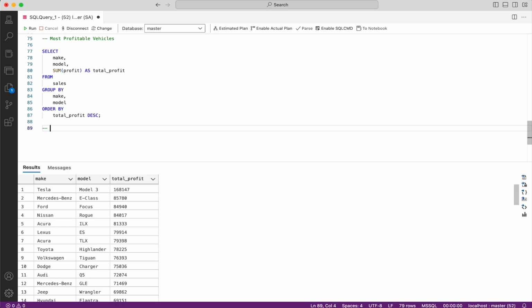So let's take a look at, on average, how many days do vehicles stay on the lot before being sold? And we'll run a quick query.